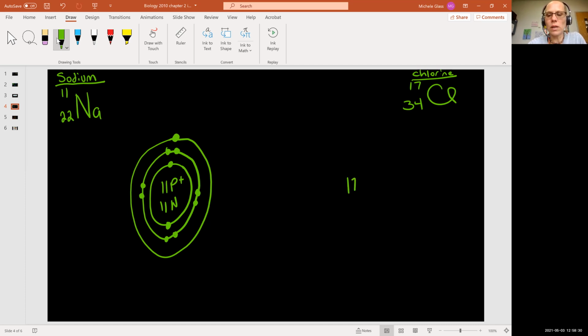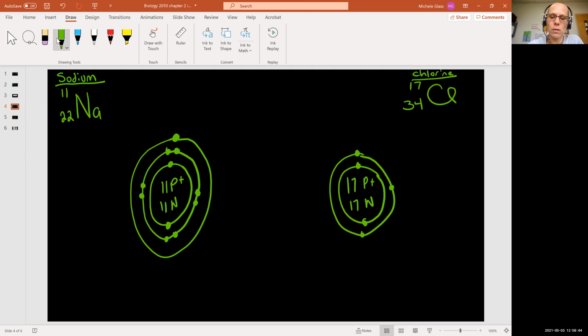And let's do the same thing here for our chlorine. So we can see here that chlorine's atomic number is 17, so 17 protons, 17 neutrons. And then let's fill in our electron shells. Remember to draw them first unpaired and go back and pair.